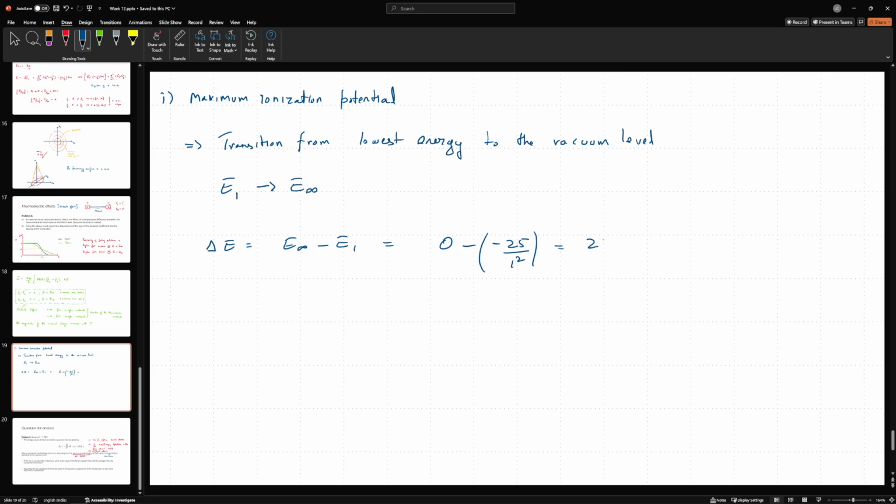So this will come out to be 25 electron volts, but we need the potential. Delta V is going to be delta E by Q, and since we are talking about electrons, this is going to come out to be 25 volts. So this is the maximum ionization potential. So if I am able to apply 25 volts across this quantum dot, I can extract every single electron that is present inside it.